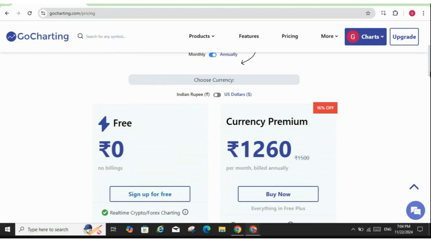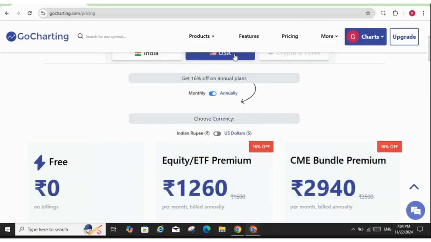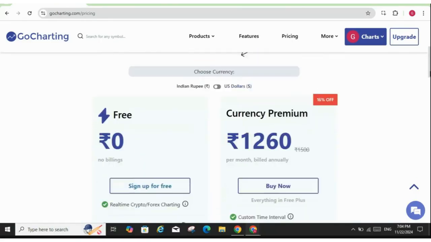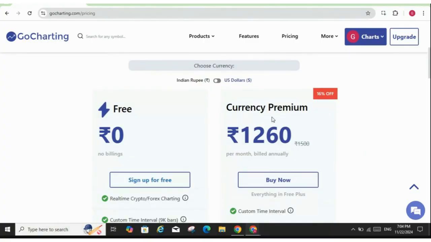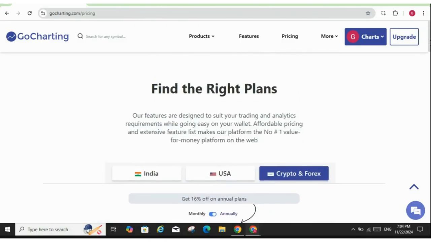The difference between this plan and the USA CME plan is that those are futures, but this is the currency pair, and the data will depend on the exchange. Right now we have Oanda Exchange, XChief, and a few others we are integrating very soon. So this is about the different plans.